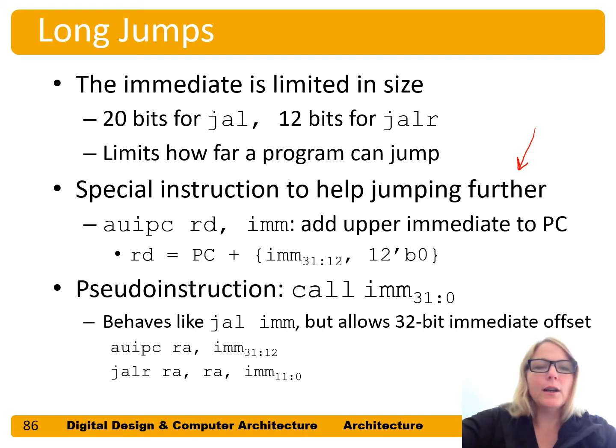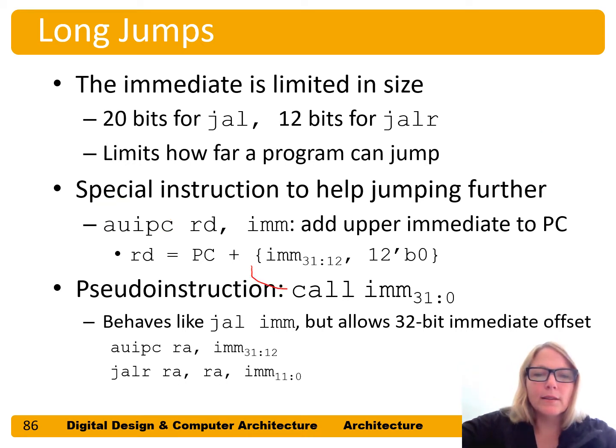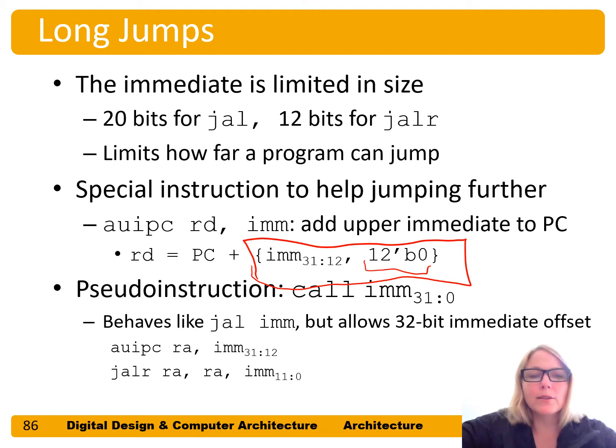AUIPC is the add upper immediate PC, which is RD equals PC plus this 20-bit immediate in the upper bits and zeros in the lower bits. And we can use that in conjunction with a jump and link register.